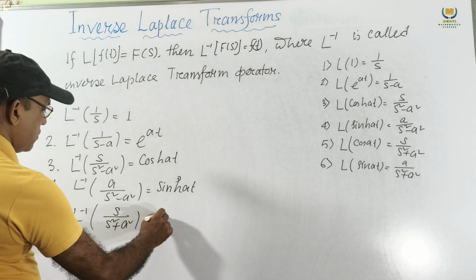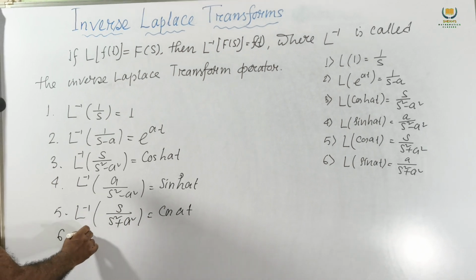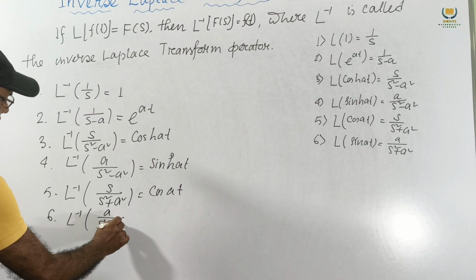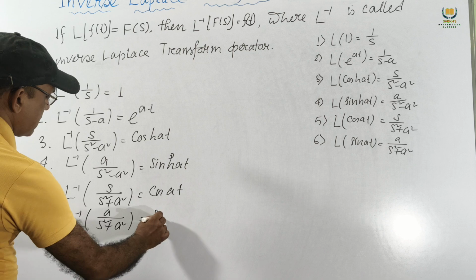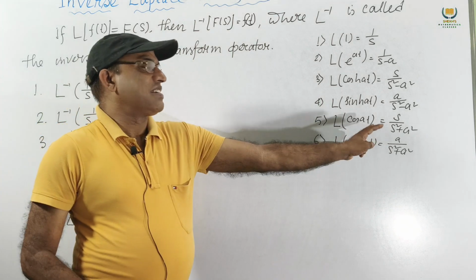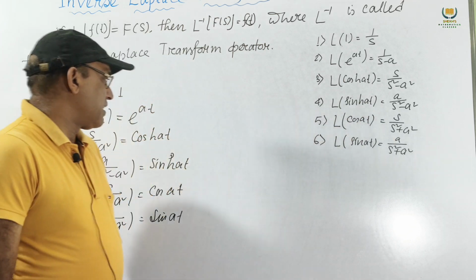This is cos at. And number 6, L inverse a by s square plus a square. This is sin at. This formula we write in reverse.